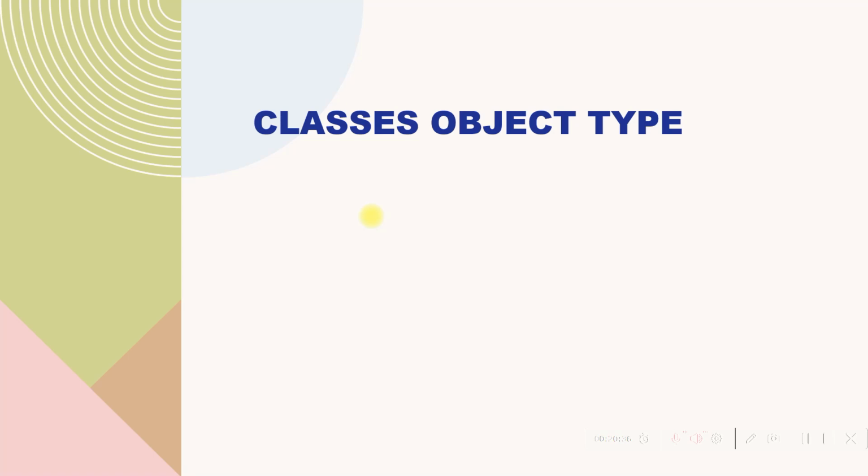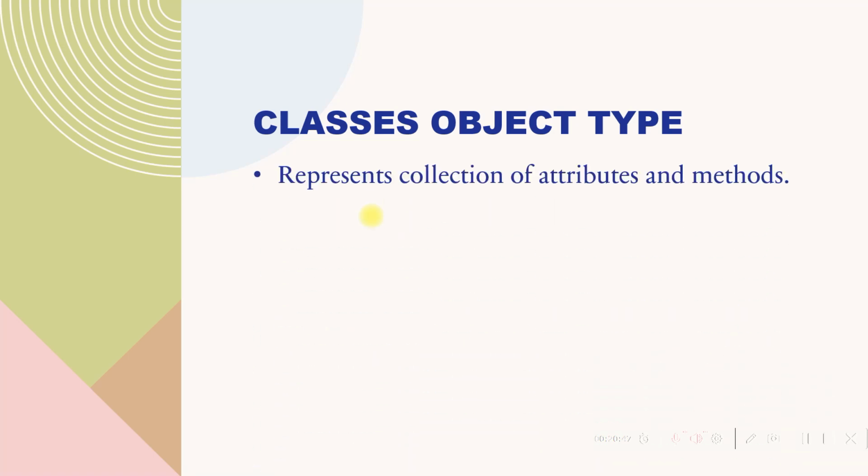Now the next object type is the classes object type. We will talk about classes and instances when we talk about the OOPS concept, or object oriented concept, in Python. So class is basically used to represent a collection of attributes and methods.